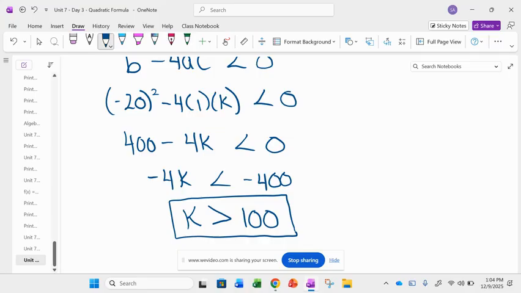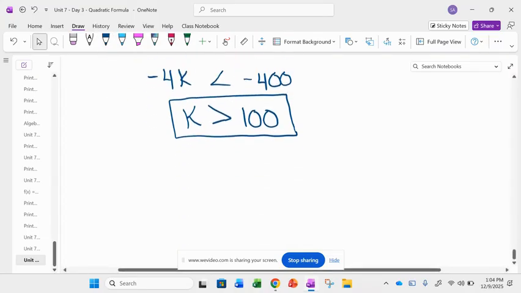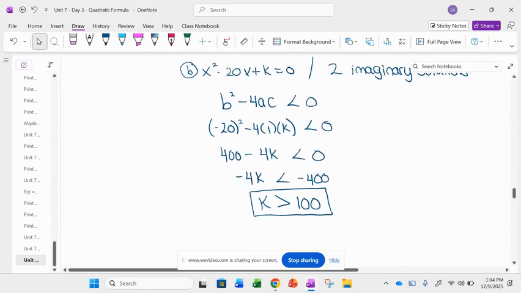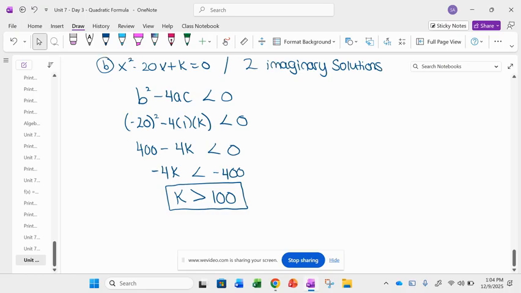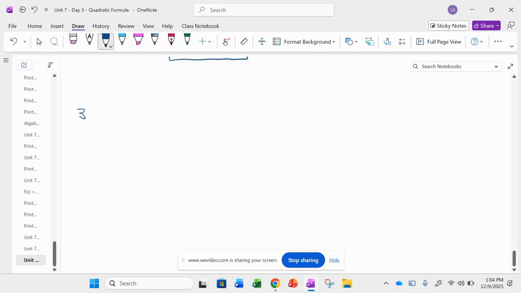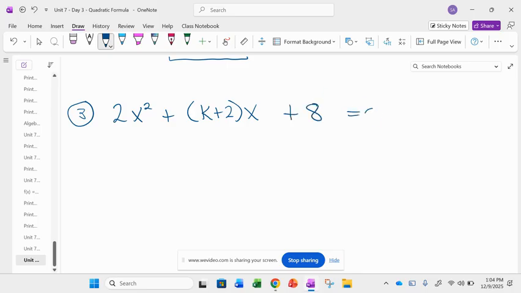All right, last problem for today. Anybody still copying this? We're okay? All right, last one. 2x squared plus the quantity k plus 2 times x plus 8 equals 0.